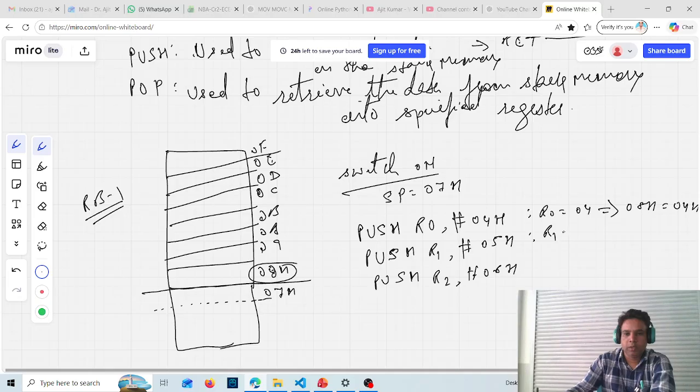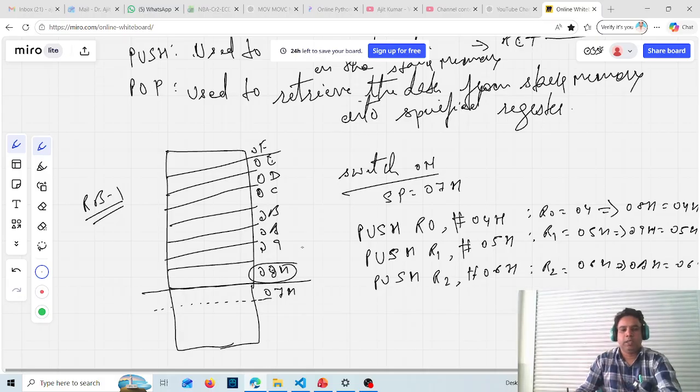Similarly, the next address 09H will be stored with 05H, and so on. Similarly for R2, the address 0AH will be loaded with the value 06H.